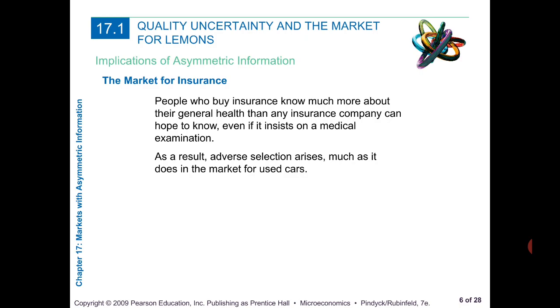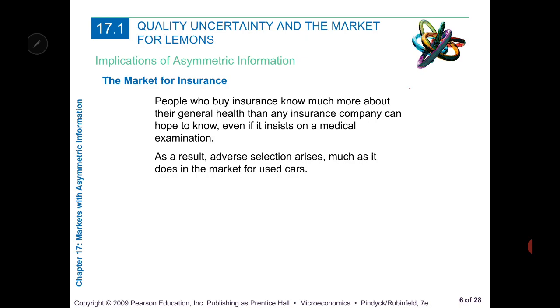In insurance, the buyer would be the people who buy insurance, right? The seller is the insurance company. So who has more information about the health of the product, the individuals? So the buyer has more information than the seller.